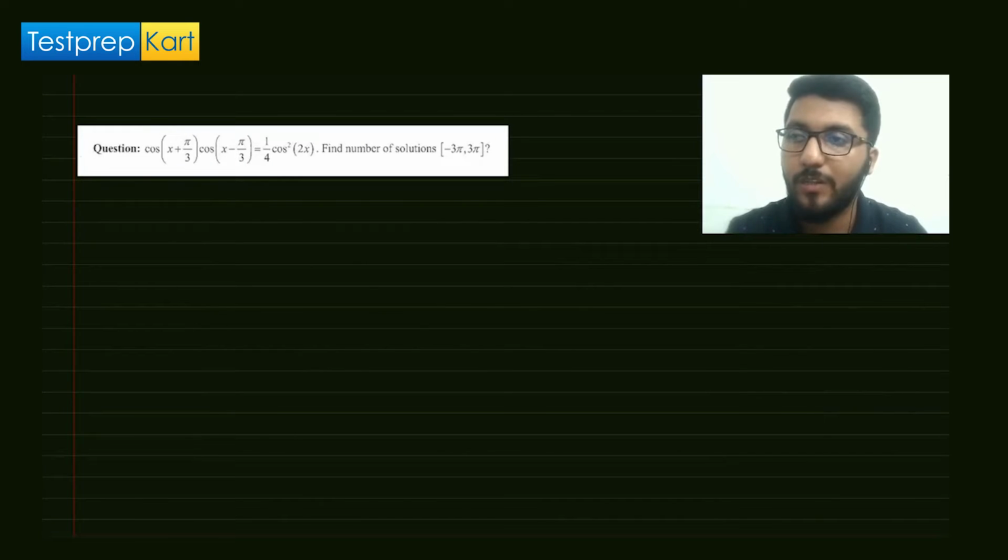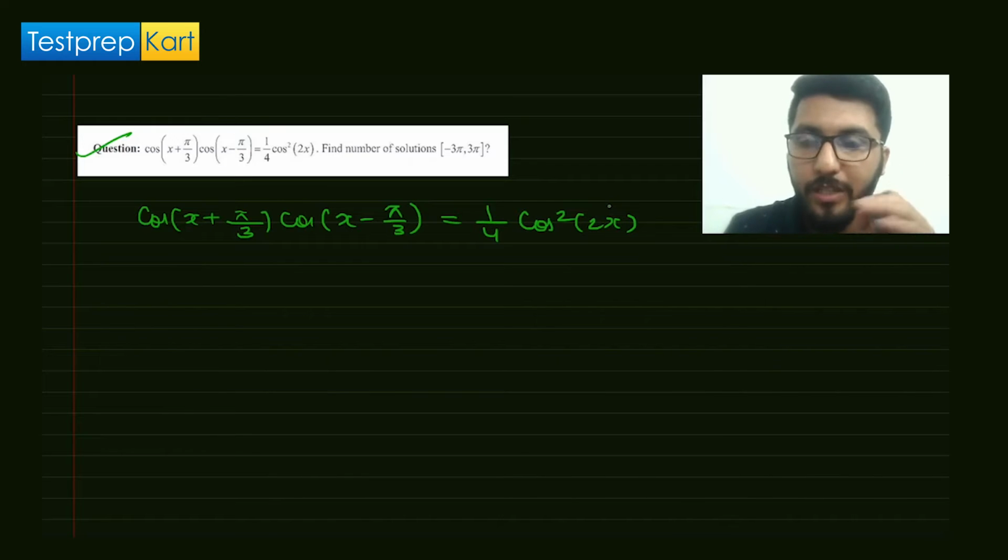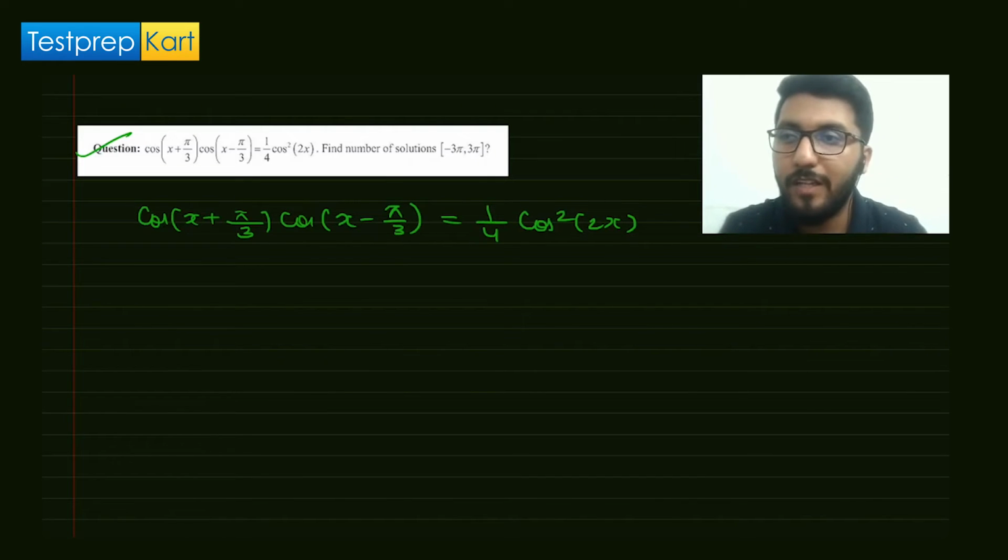Here you can see a question based on trigonometry. We have cos of x plus pi by 3, then cos of x minus pi by 3, equal to 1 by 4 cos square 2x. Now in trigonometry, conic sections, and 3D, such chapters require a solid revision of formulas, because you will feel that at the very first step you have to apply a formula.